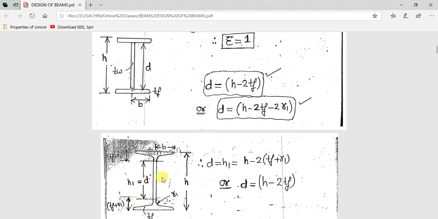This is the kind of section used, then d is given by h1, which is nothing but h minus 2 times the thickness of flanges and 2 root radii. Or d is also equal to h minus 2 into (tf plus r1), or if you simplify it further, d will be equal to h minus 2 times the thickness of flange.